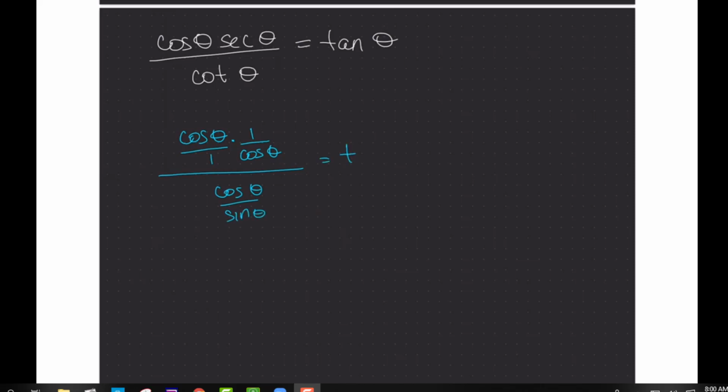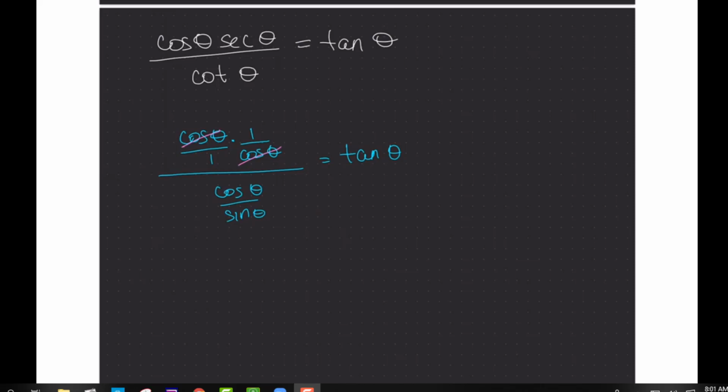And now that we made it a real big mess, we want to clean it up and try to get it to be just tan theta, right? So let's start on our numerator. What do we notice? Those cosine over cosine are going to cancel each other out and give us 1, right? And then we still have our denominator. So if you need to, you can rewrite it.